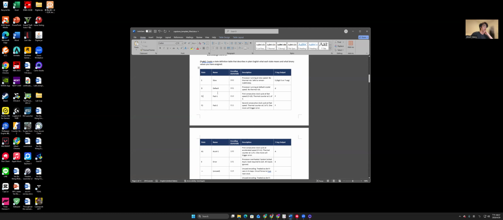F1 is fast one, encoding is 010, with C equals 10, and this returns an F output.